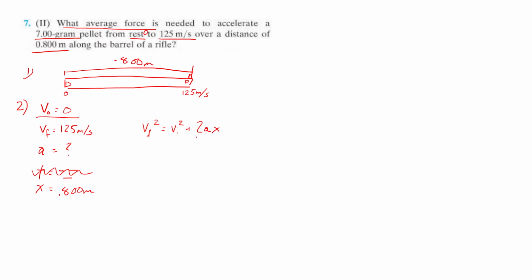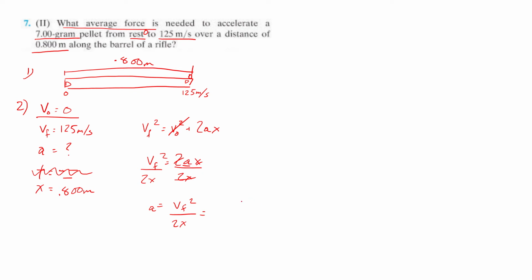We know that V0 is going to be canceled out. So VF squared is equal to 2AX. We want to find A, so let's divide both sides by 2x. That cancels. So A is equal to VF squared over 2x.